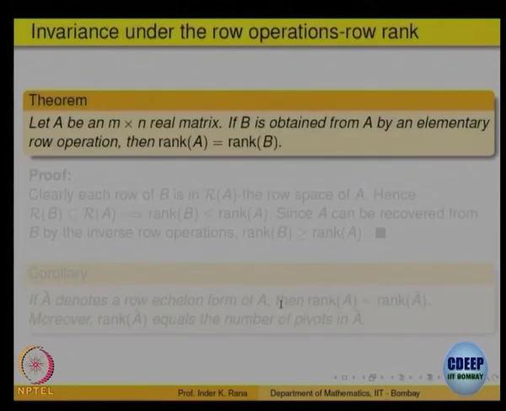So, here is the first theorem about the row rank. Supposing A is a given matrix and you apply row operations to it, the rows will change. The elementary row operations were interchange of two rows, adding one row to another, or multiplying a row by a non-zero scalar, right.